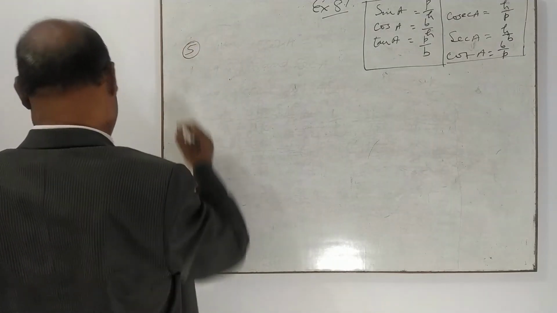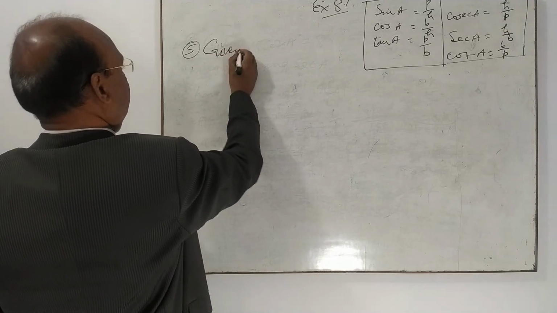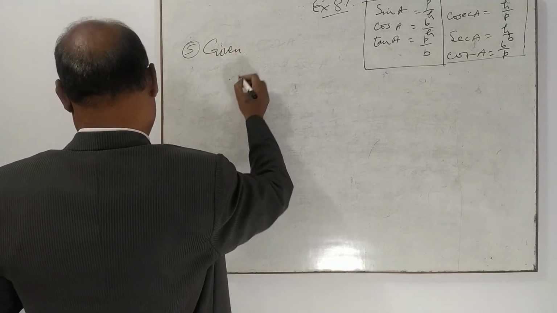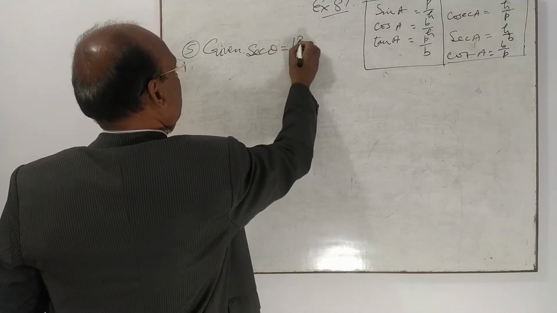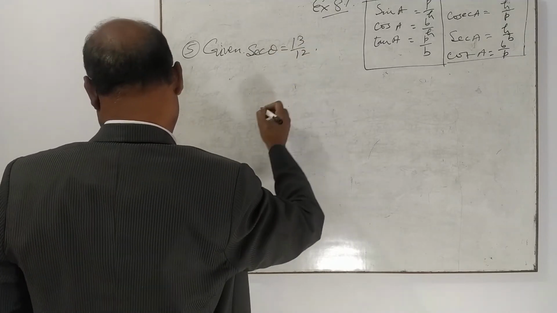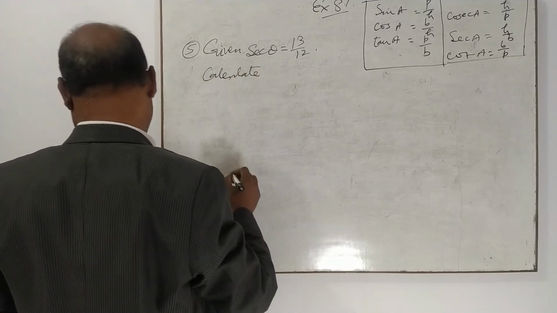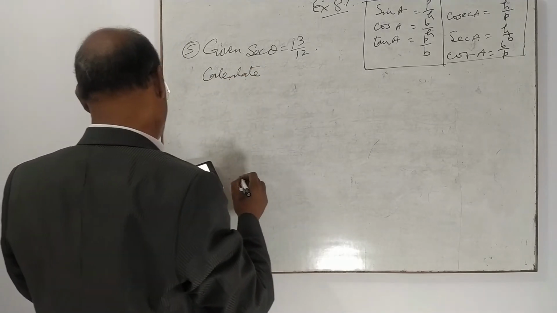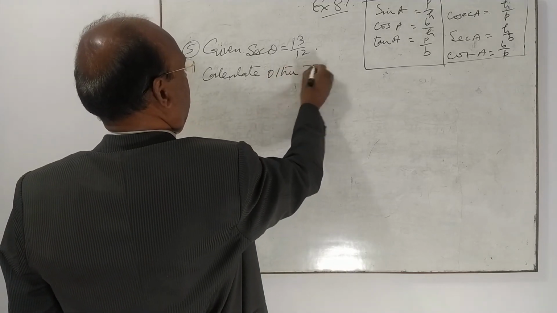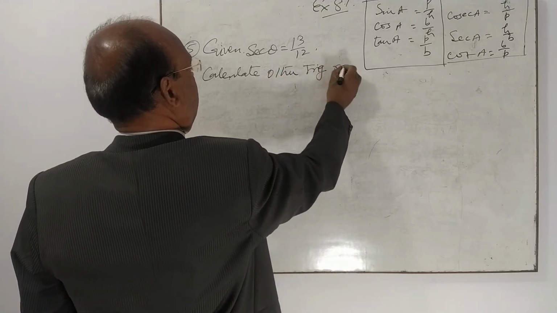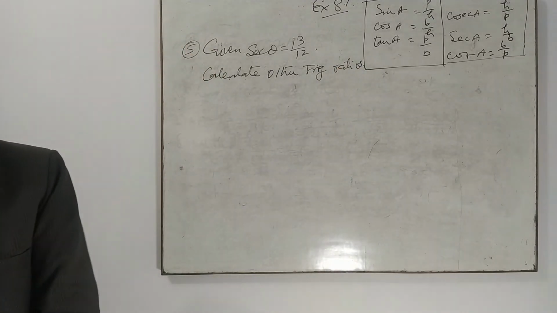Next, question number 5. Here it is given that sec theta is equal to 13 by 12, and we have to calculate all other trigonometric ratios. So, how to start?